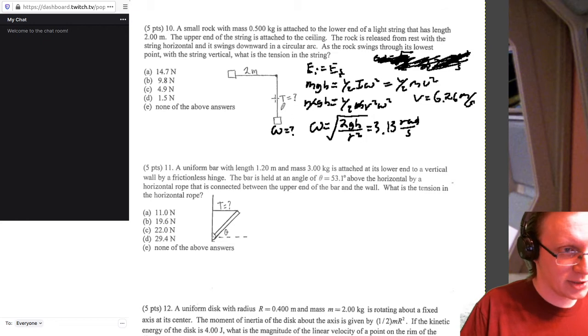Now we go back to our question, which was tension. So we have gravity pulling down, mg, and we need a centripetal force going up, F cent, which is equal to m r omega squared.